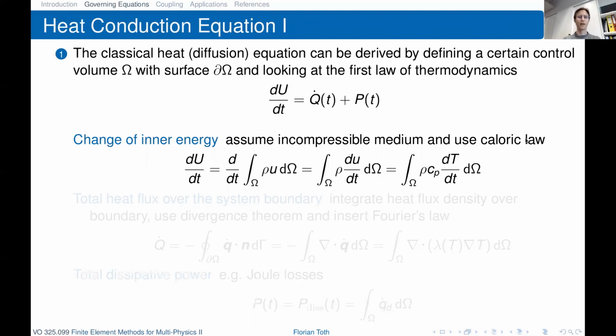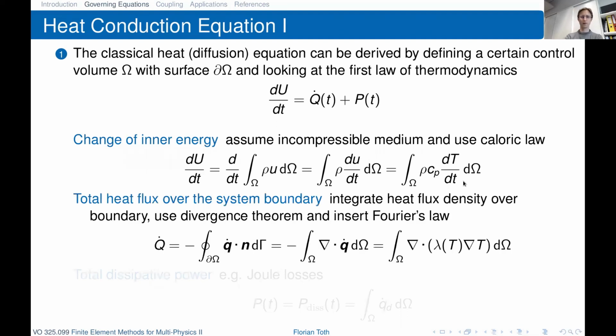For the change of inner energy, we can assume an incompressible medium and use the caloric law. So the total change of inner energy is given simply by integrating rho Cp and the absolute temperature. Of course, we want the time derivative, so we have the time derivative of the temperature here.